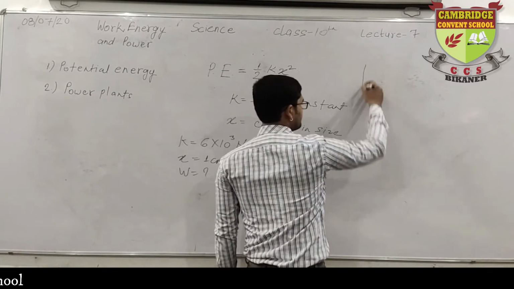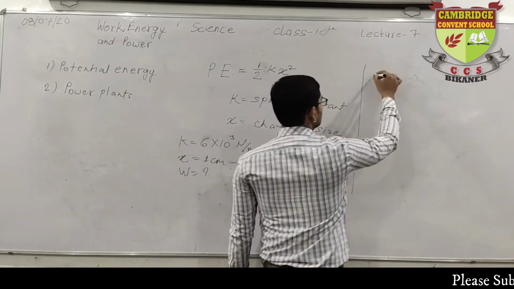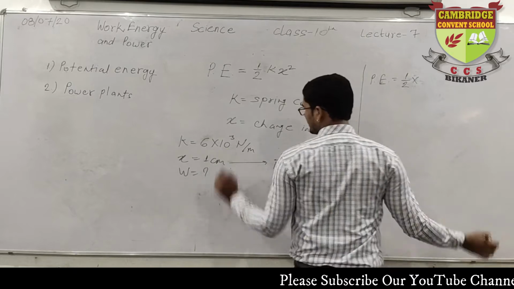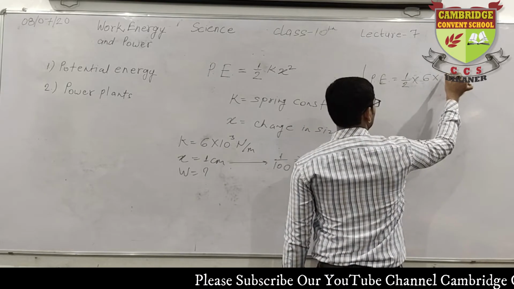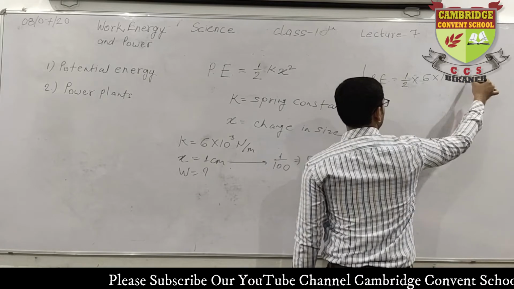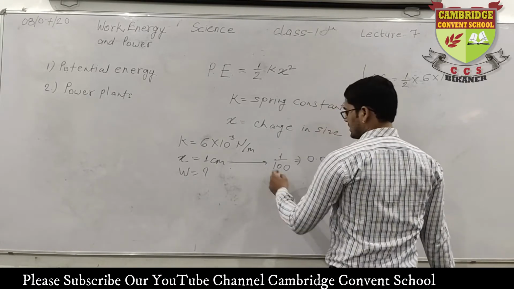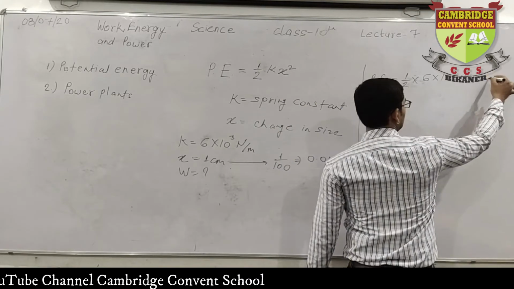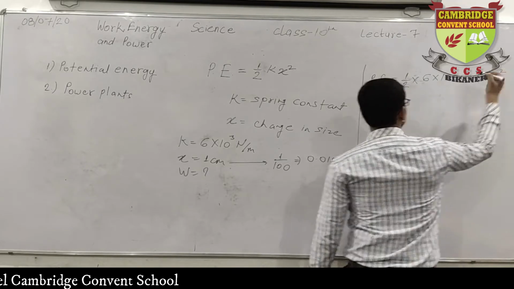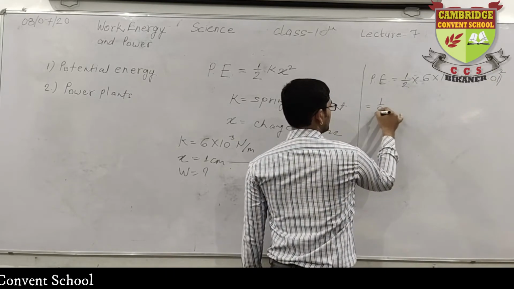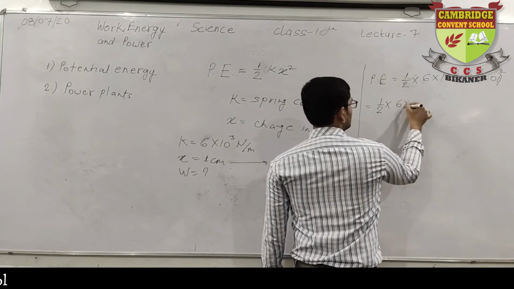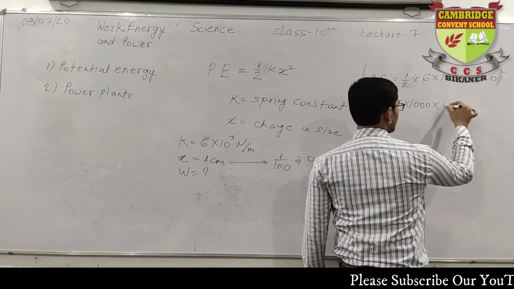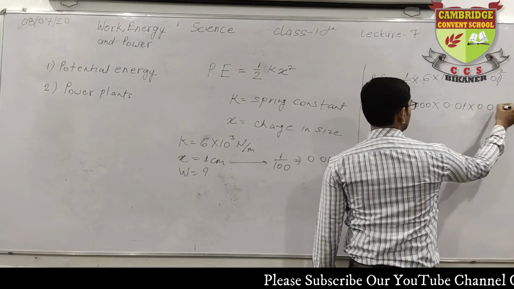Now calculate the potential energy, or we can say work. Formula is potential energy equals 1 upon 2 k x square. K is 6 into 10 raised to power 3, or I can write 1000. X is 0.01, but there is square of x, so 0.01 into 0.01.